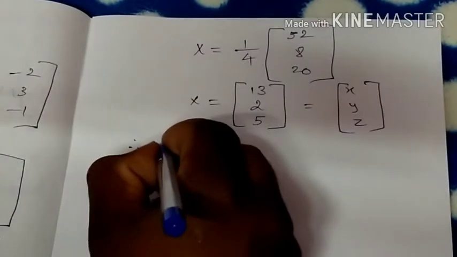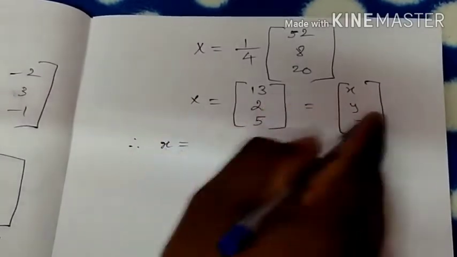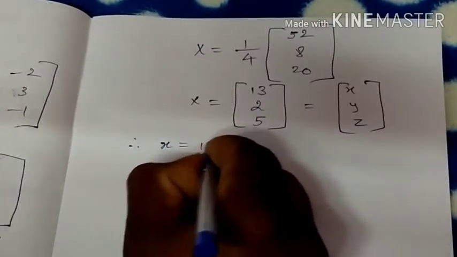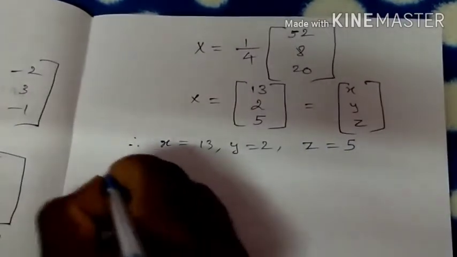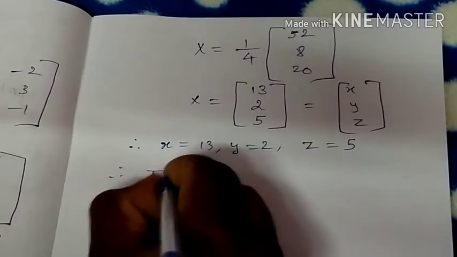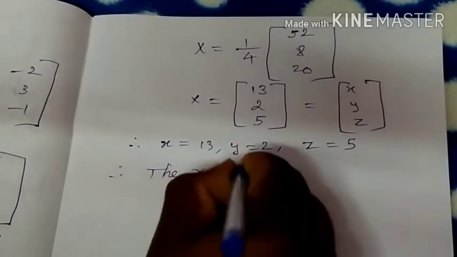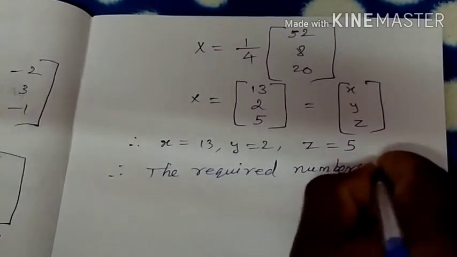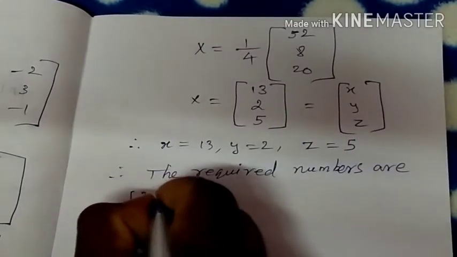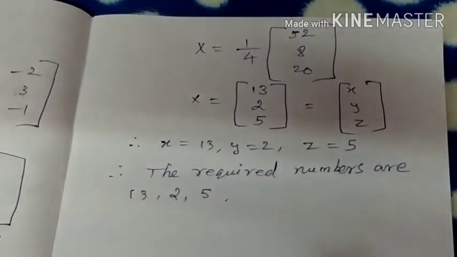Therefore, using the equality of matrices condition, x is equal to 13, y is equal to 2, z is equal to 5. Therefore the required numbers are 13, 2, 5.